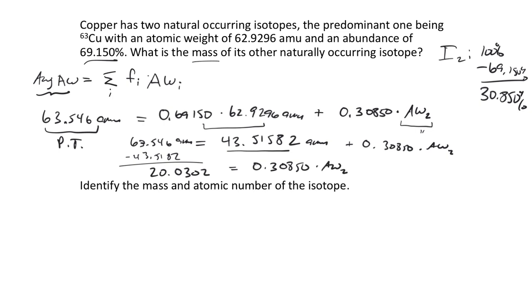And so now all I need to do is divide both sides by 0.30850. So I'm just dividing both sides by that number in front of AW2. So then my AW2 comes out to be equal to 64.928.